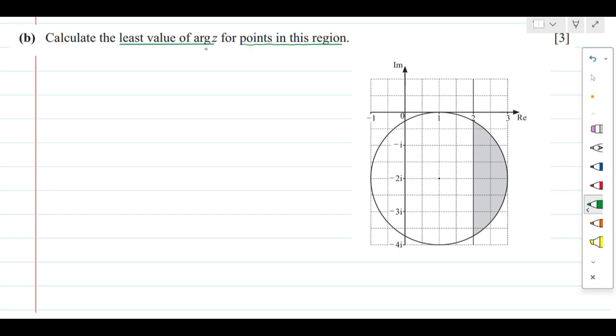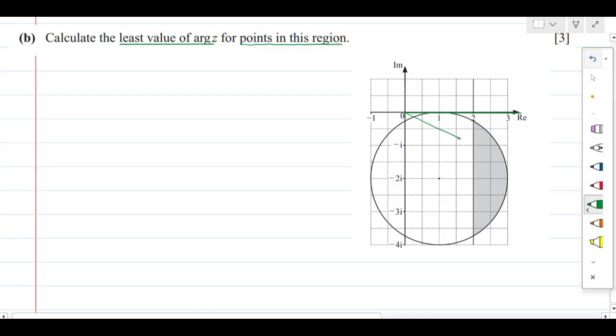So in this case, we need to figure out the argument of z, which is the angle between the positive real axis to any of the points in the shaded region. So if I start from here, let's say this is a positive real axis.